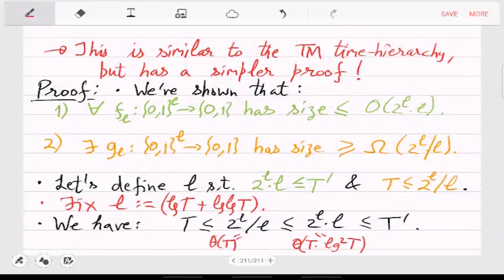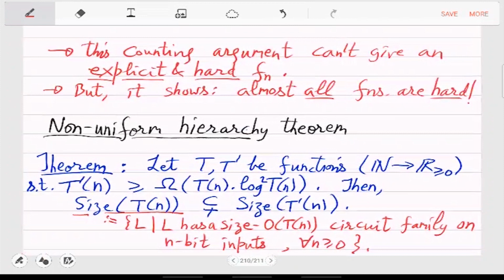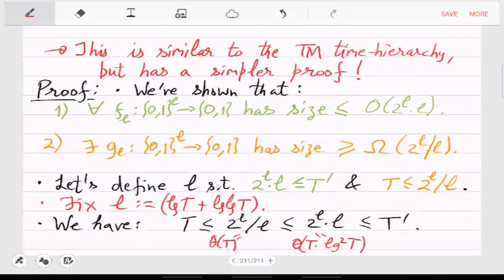And since we have assumed T prime is sufficiently bigger than T by this T times log square T amount, there is enough space between T and T prime to actually fit this L. And once we have fit L between T and T prime, now you can invoke points number 1 and 2.